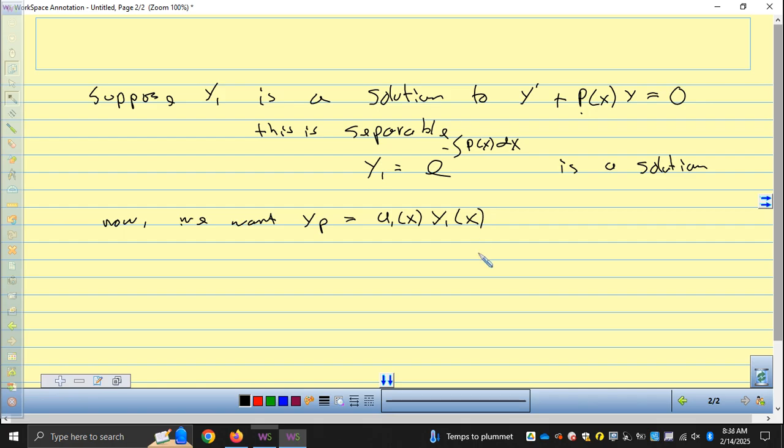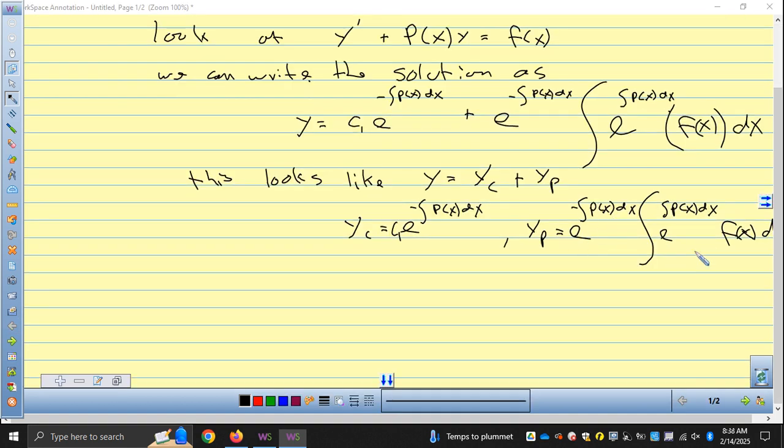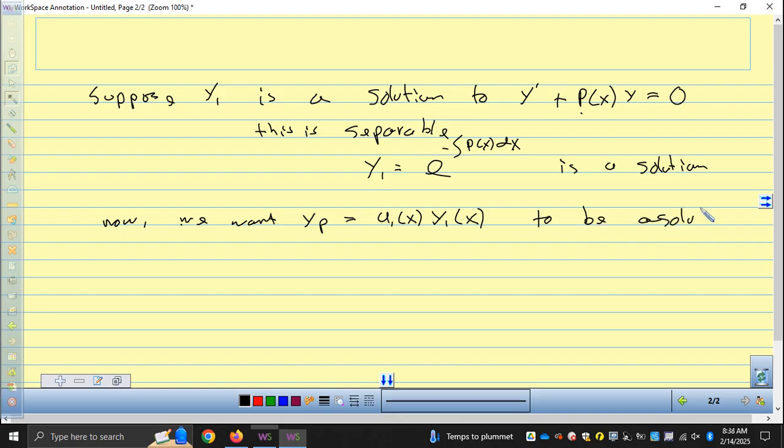We want our particular solution to be this thing times some other function, because that's what we ended up with when we went back here. So we want this to be a solution. So that u1 of x is our variable parameter, if we want to think about it that way.